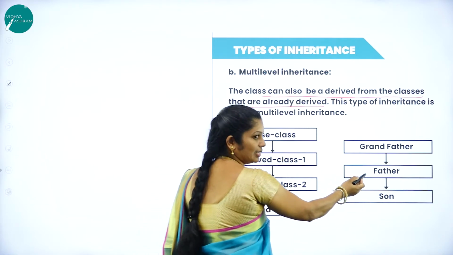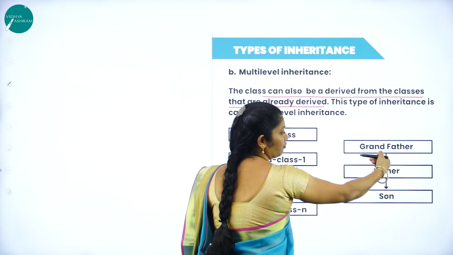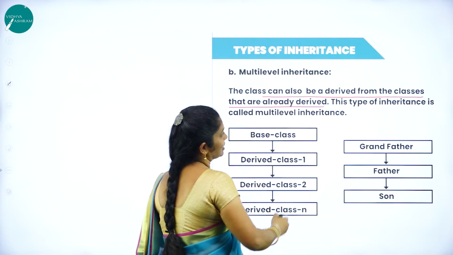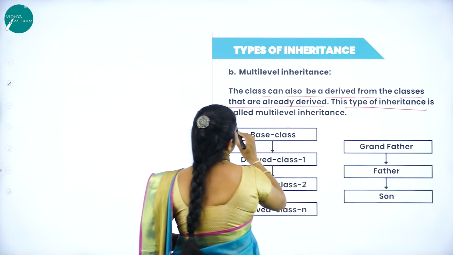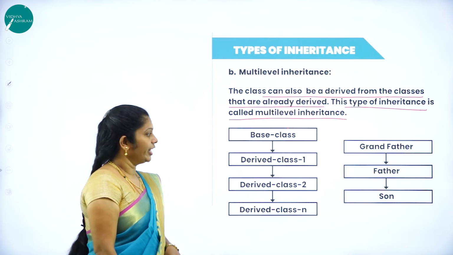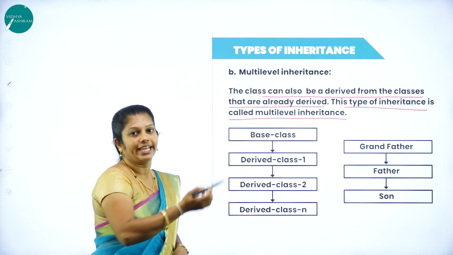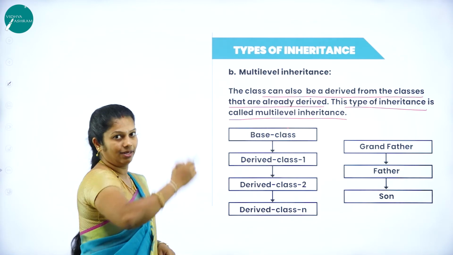This is one base class, this is one derived class, and one more derived class is derived from the already derived class. This type of inheritance is called multi-level inheritance. In multi-level, from one derived class I can create one more derived class, multi-level wise.